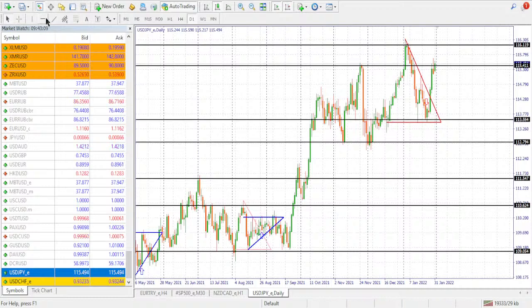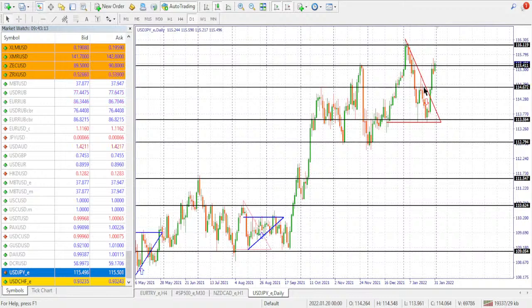Then the last one is nearest to where the price is now, and it's at 114.672. So if the price is to extend itself much lower, then we have our targets at this line here. The next one is this one, the next one is this, then the next one, then the next one, and then the last one is the one we have at the top.